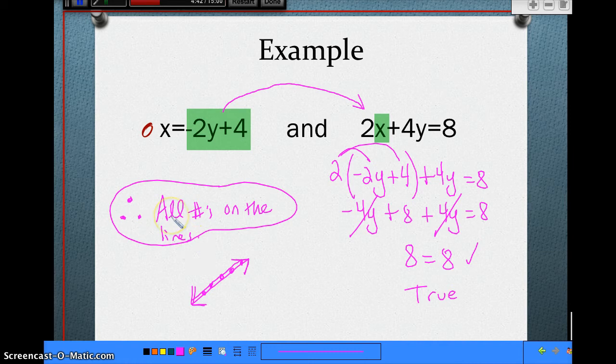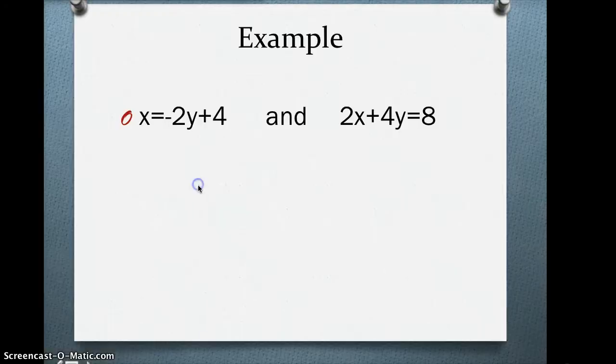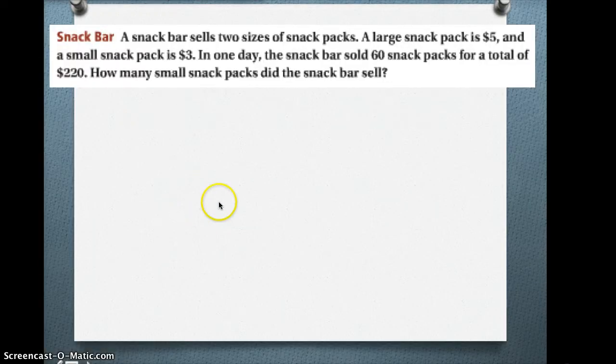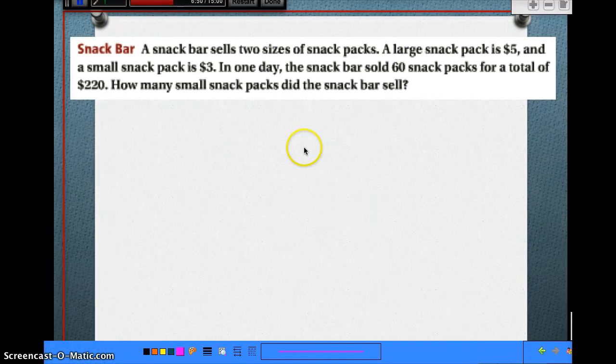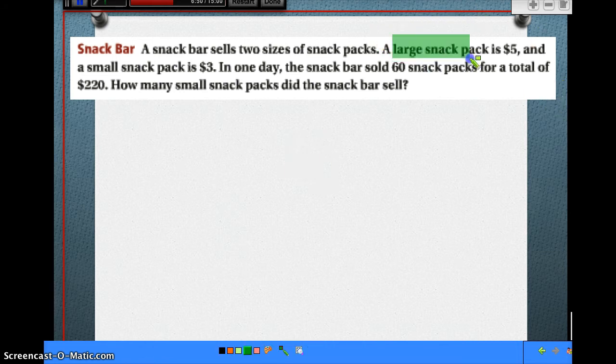Usually, what happens is the two lines that you graph are going to intersect at a particular point. So let's look at this word problem. A snack bar sells 2 sizes of snack packs. A large snack pack is $5. A small snack pack is $3.